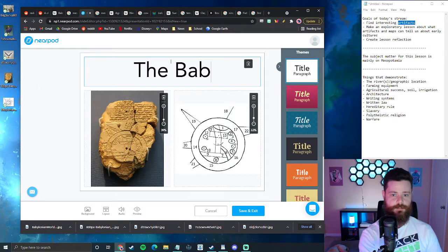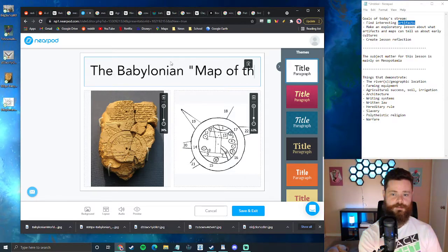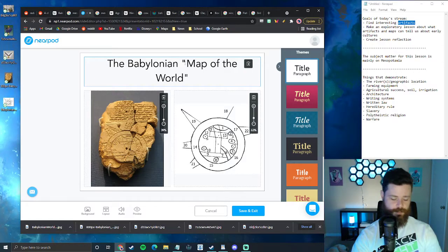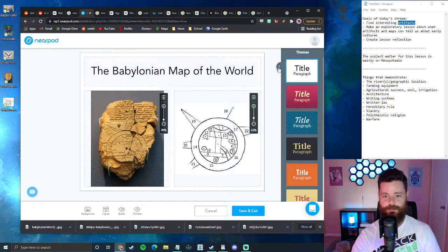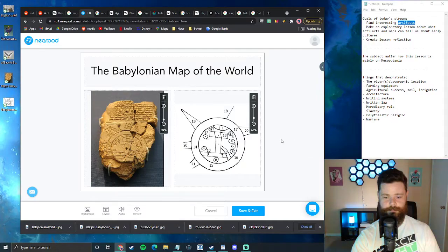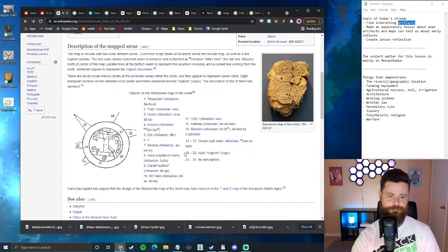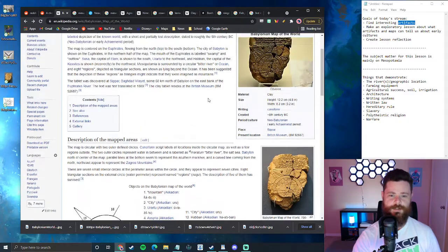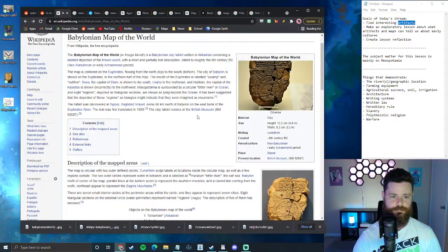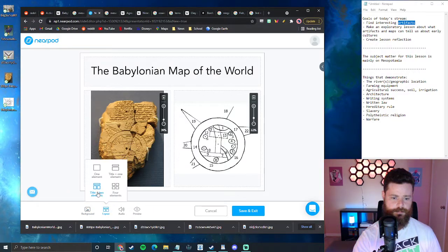Babylonian map of the world. I guess I don't need quotation marks. Okay, Babylonian map of the world. Should I have like a description? Yeah. Well, let's see how it looks.